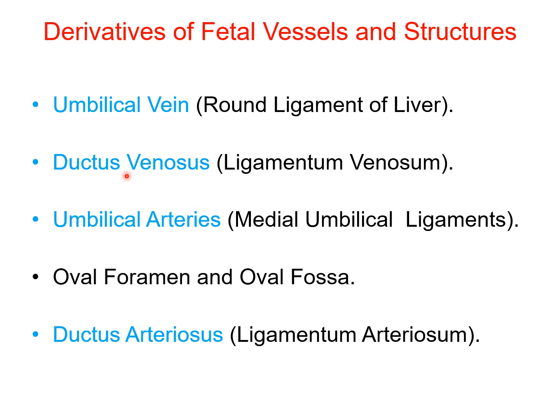Immediately the ductus arteriosus is also constricted and closes, so the blood flow changes occur, and finally the umbilical arteries' blood flow is also occluded because of the closure of the umbilical cord. These are the derivatives of structures which are in fetal life. In adult life, most of them become ligaments because of the constriction and proliferation of the tissue.